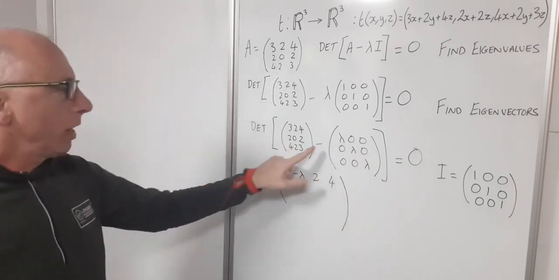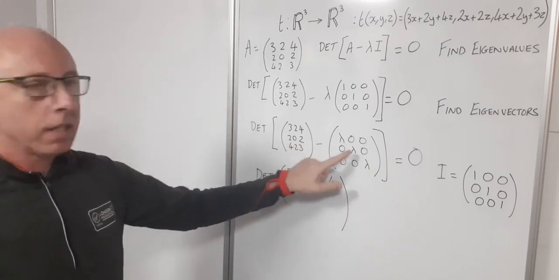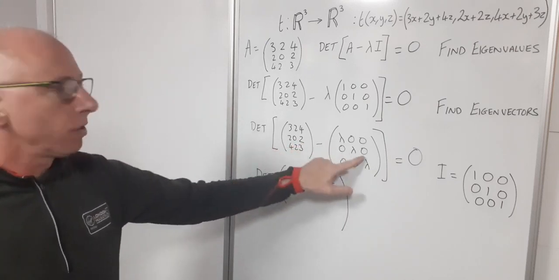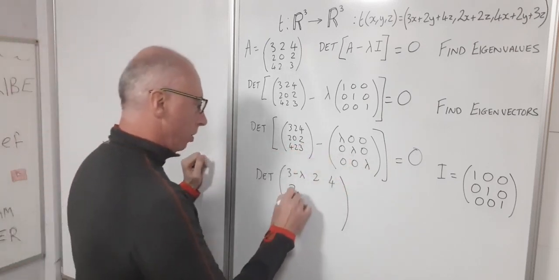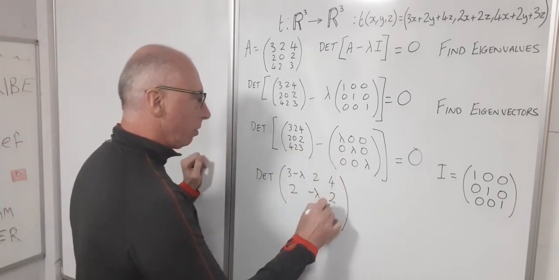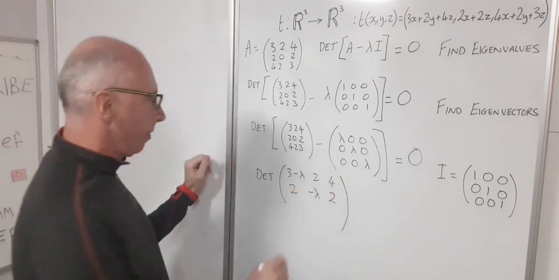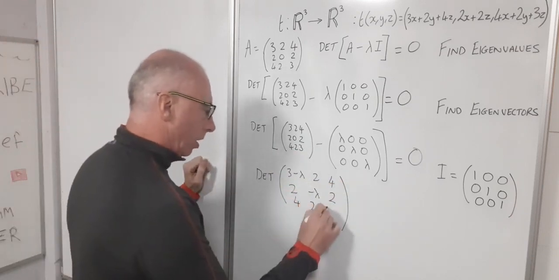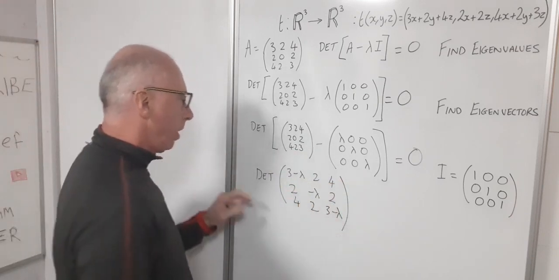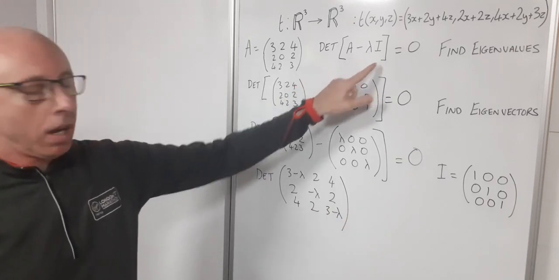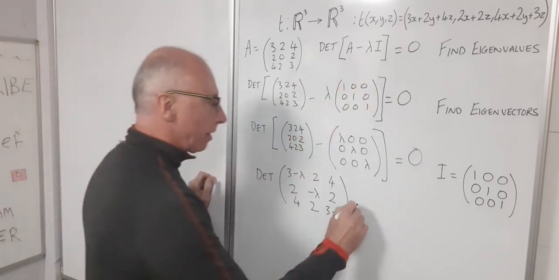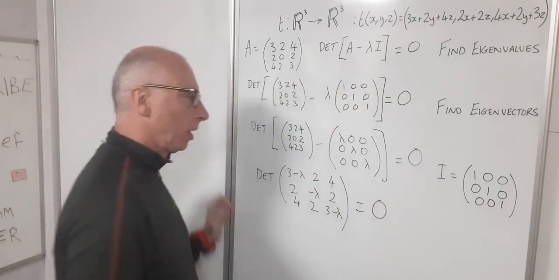And then I've got 2 minus 0, 0 minus lambda becomes minus lambda, and 2. Then here the 4 and the 2 will stay, and I'll have 3 minus lambda. So that's my A minus lambda I bit. And then we still set that to be 0.